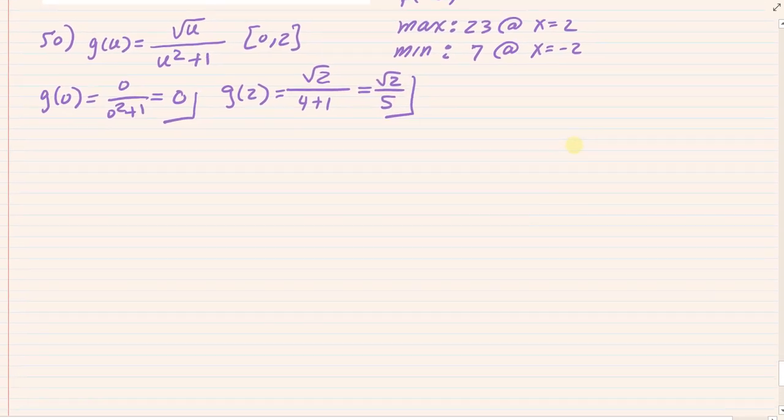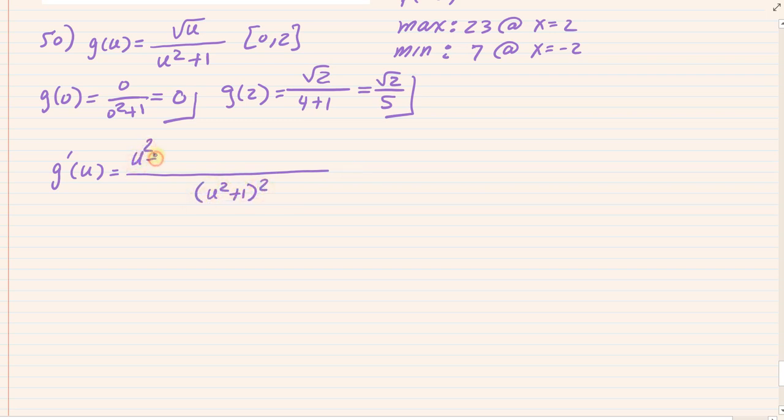Okay, next we're going to proceed with our derivative. In number 50, let's take the derivative. To do the derivative, I'm going to use the quotient rule. g prime of u will be: square the denominator, so that's u squared plus 1 squared.